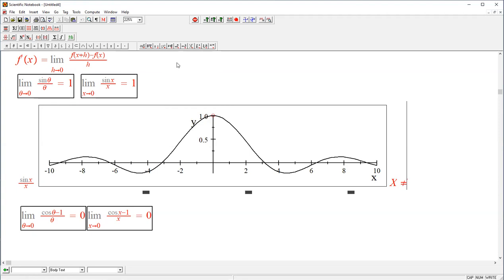But the limit is that we look at the neighborhood of 0, when x is approaching 0. So this is a small interval. That limit and sine x over x are different.